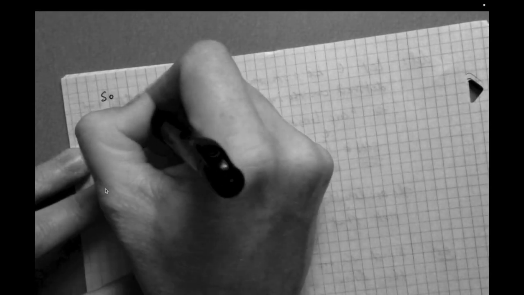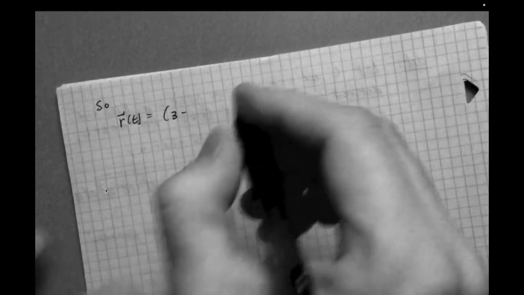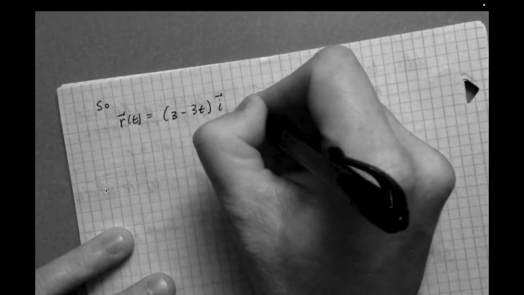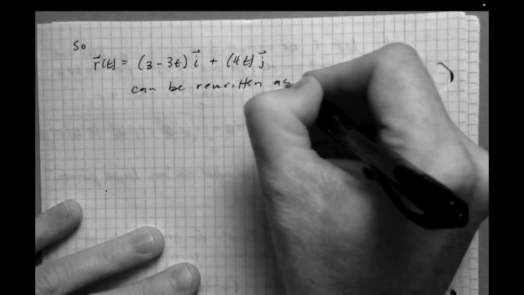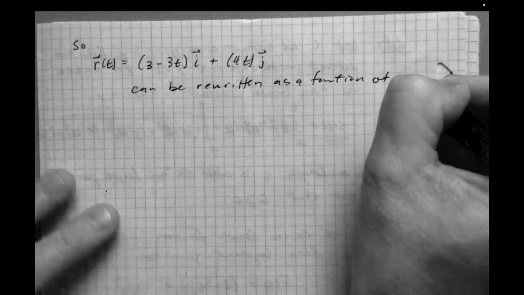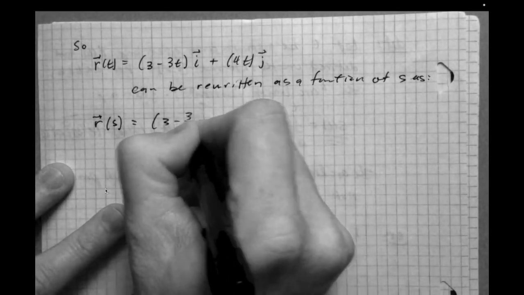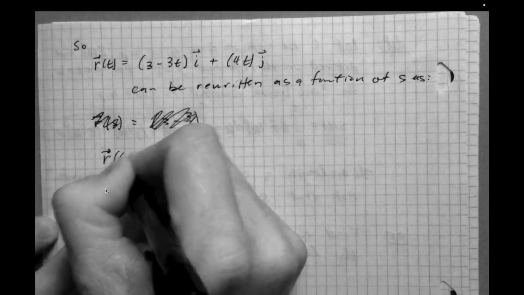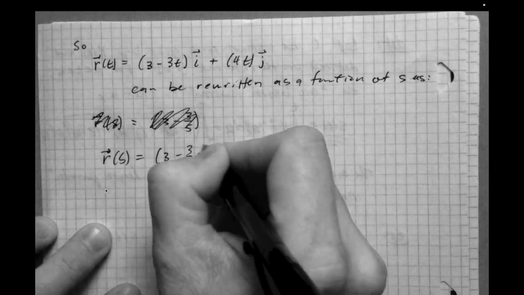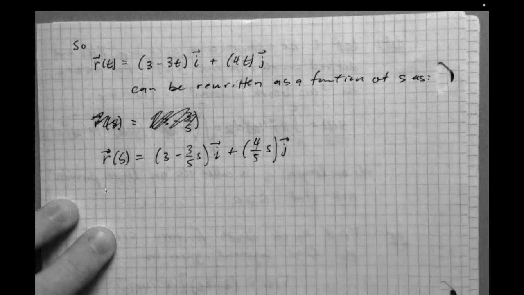So r of t, which was 3 minus 3t times i plus 4t times j, can be rewritten as a function of s, and it becomes r of s equals 3 minus 3/5 s times i plus 4/5 s times j.